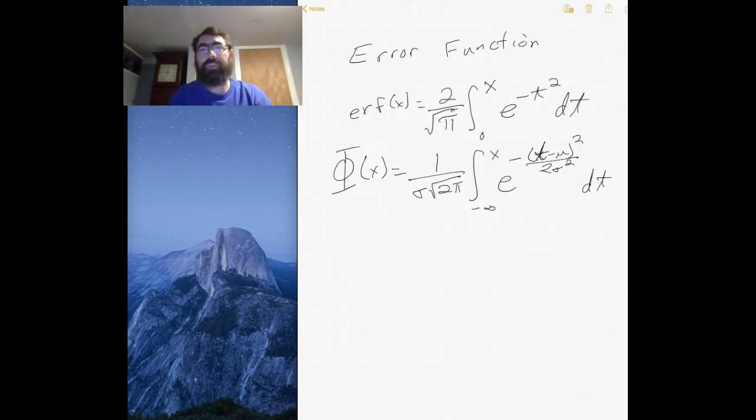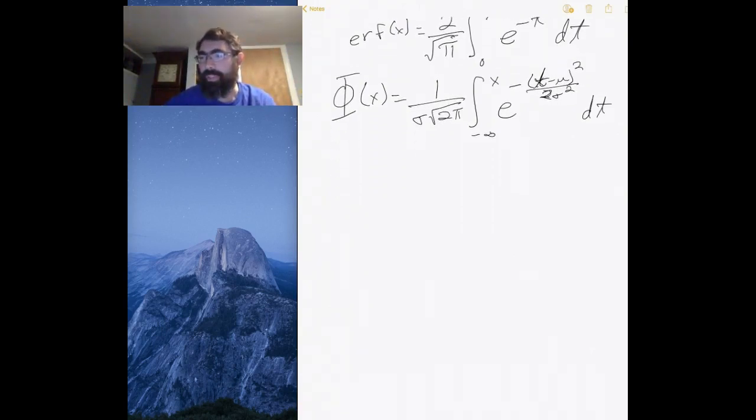So that would be integrating over a Gaussian from minus infinity to x, and where now I'm using the dummy variable t. And so in the end, what does that mean?